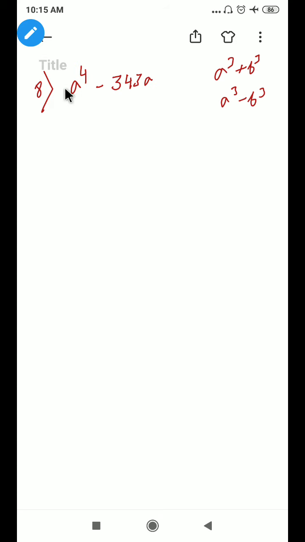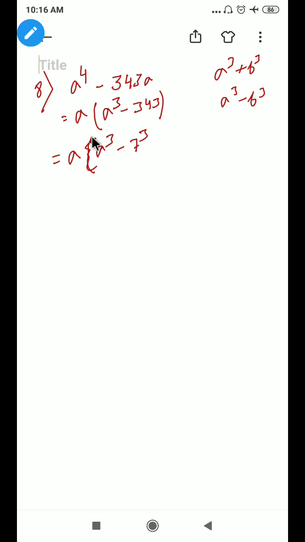Look, this one you can't make like a cube, so from here you first take a common. This will be converted to a cube minus 343. Keep a as it is, this converts to a cube, and this you can convert to 7 cube.